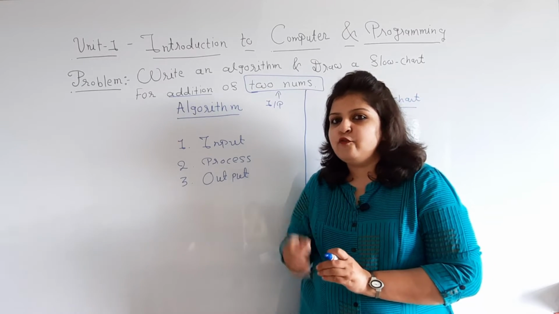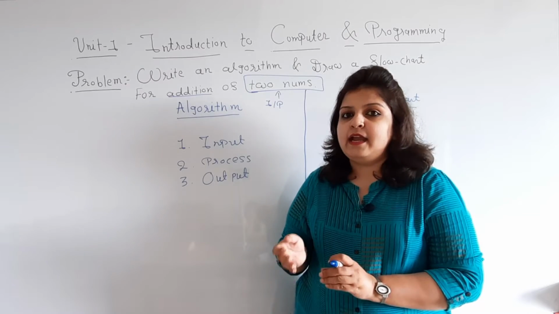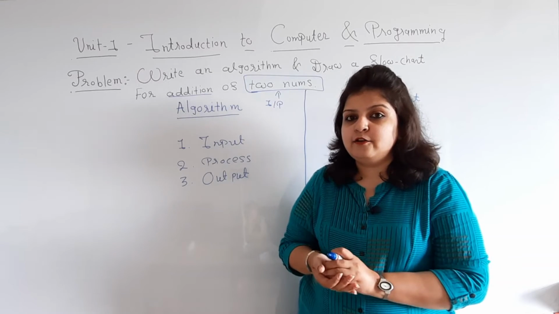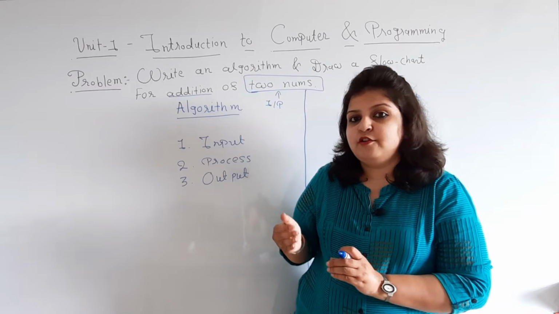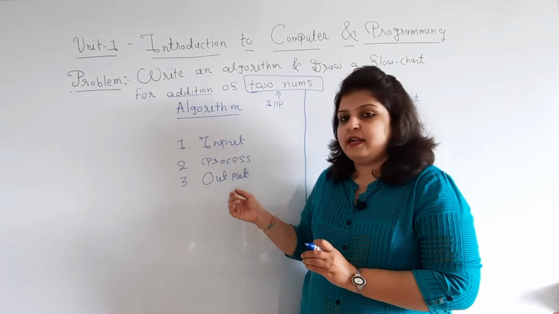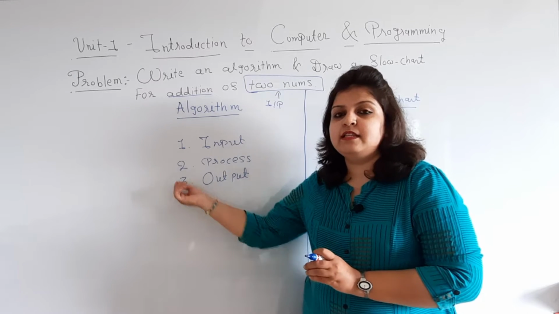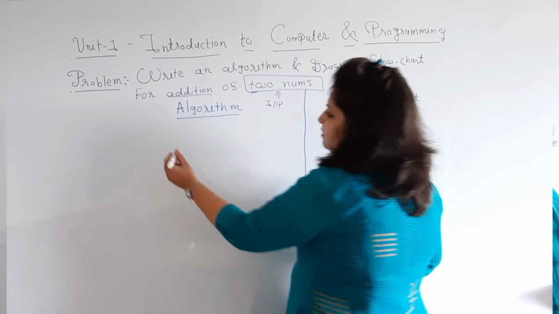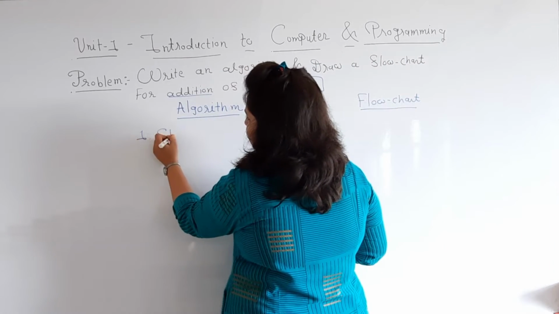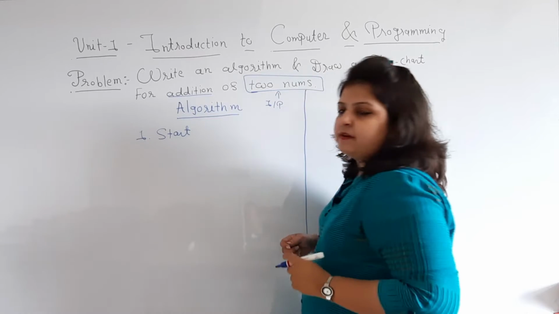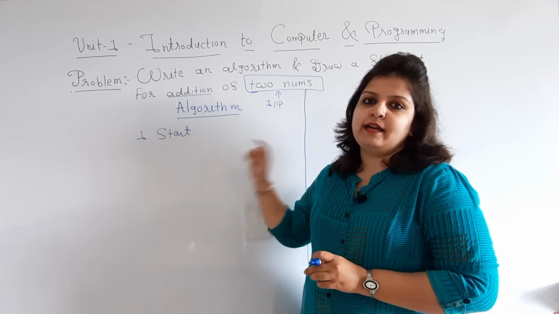So let's start with how we can write the algorithm. As I said, an algorithm is a step-by-step solution, which means we have to write step by step, giving statement numbers. So let us start. Our first step is always start.